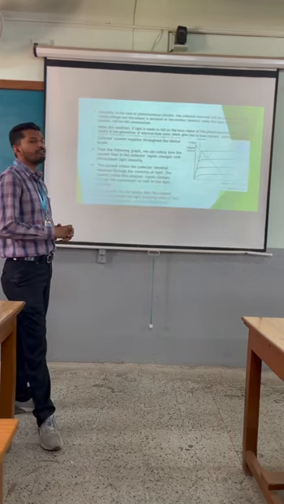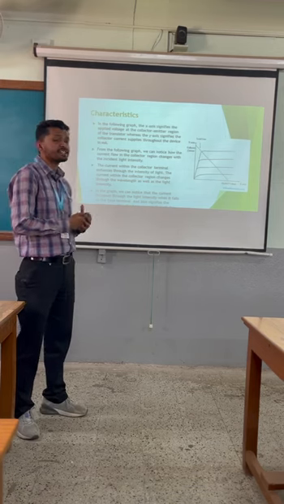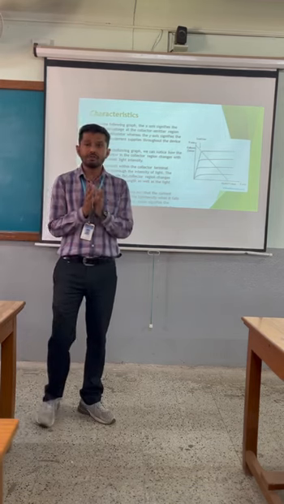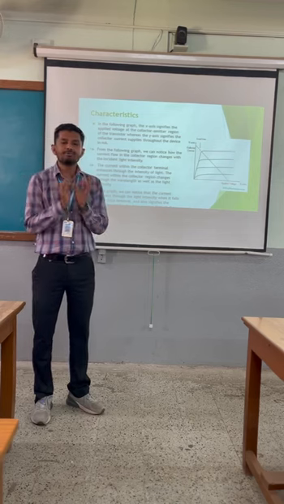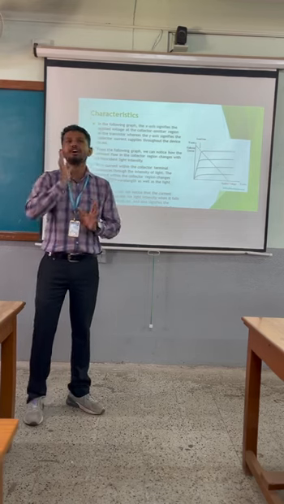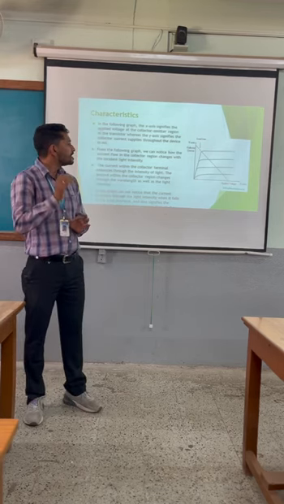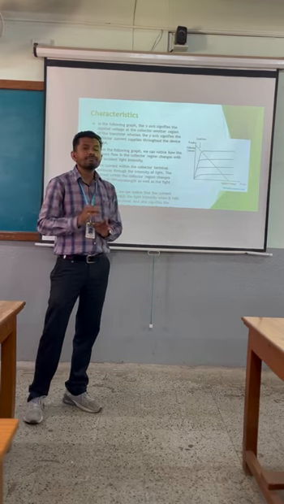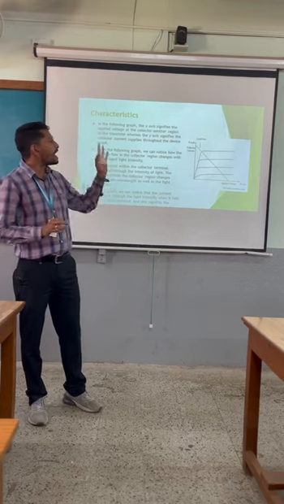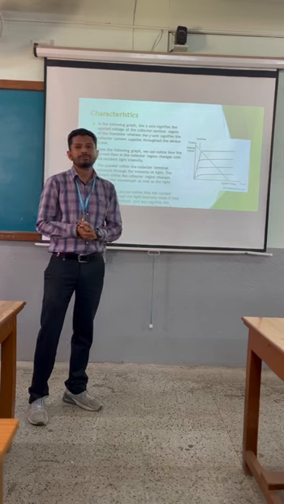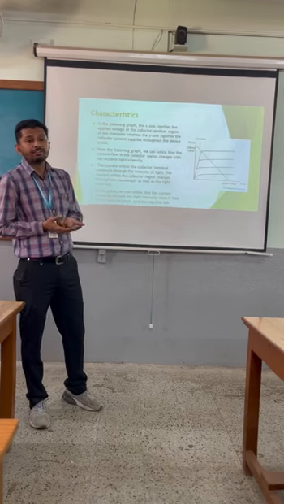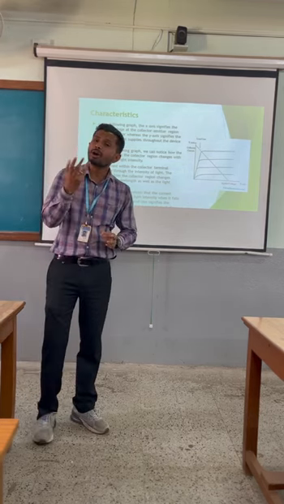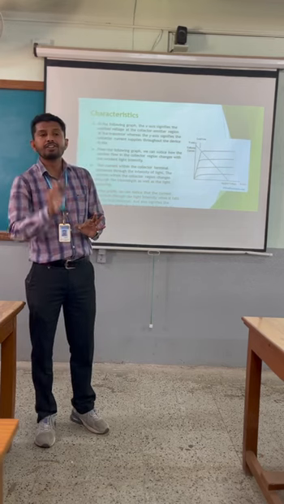Next, this is the simple working of the photo characteristics. It is a very important characteristic, the VI characteristics. The graph is plotted between the x-axis and the y-axis. On the x-axis is the voltage and on the y-axis is the current. The phototransistor works on forward bias, so the graph is plotted in the first quadrant.